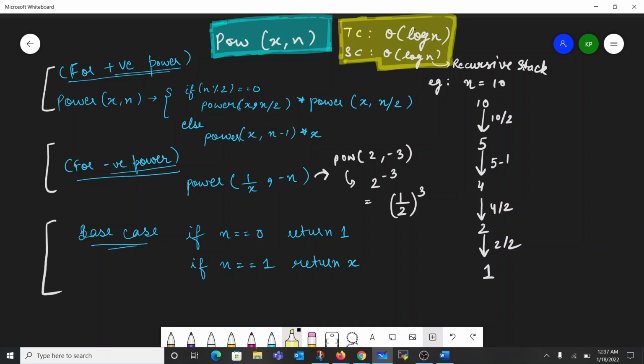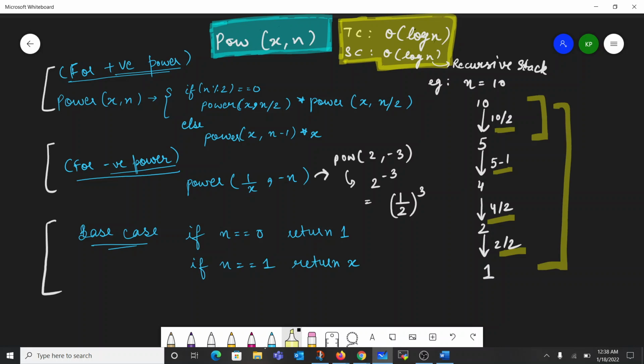Even though it is a recursive question, if I make a whole recursive tree, we can simply see how it would be going ahead. It would be divided by 2, or subtracted by 1 and divided by 2, and divided by 2. Basically, it is going half and half in nature.